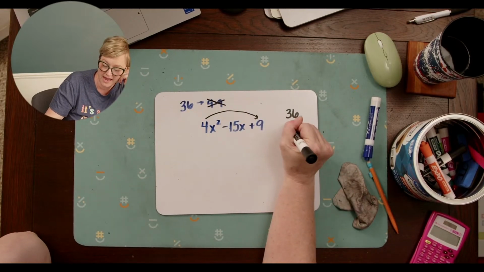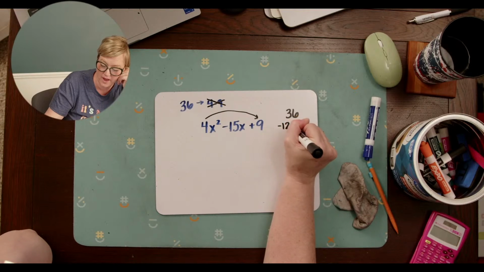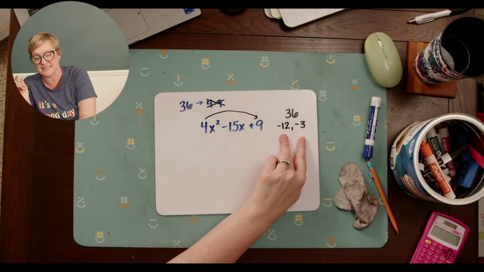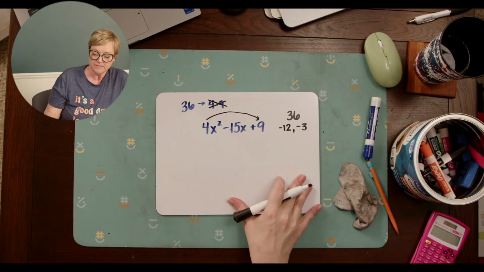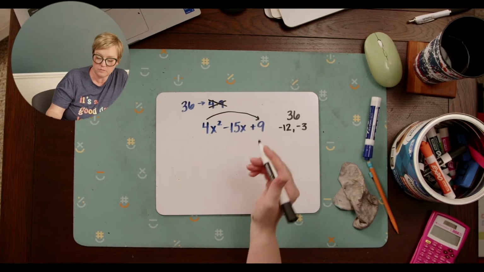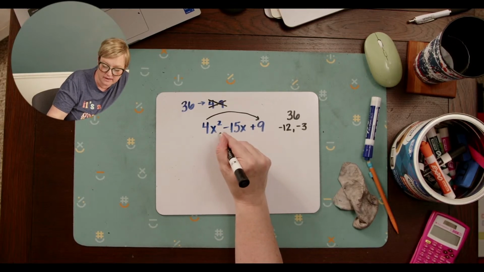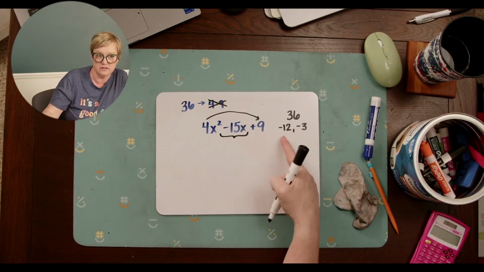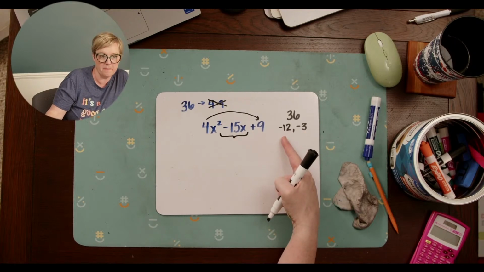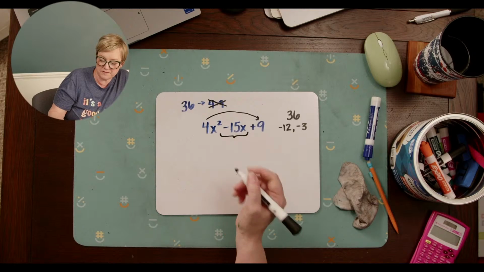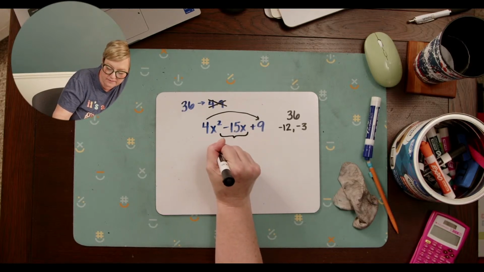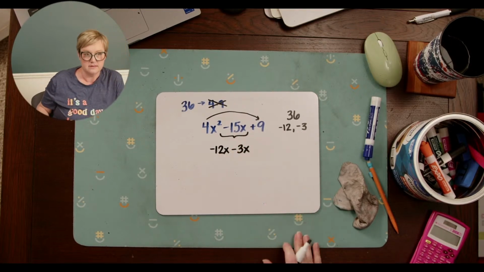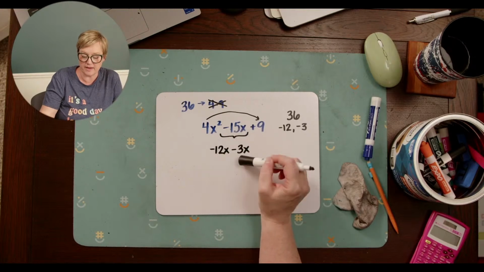So what we actually have is negative 12 and negative 3. Those both multiply to 36 and they add to negative 15. So now we are going to rewrite negative 15x using our two factors. This is the AC method. So negative 15x is the same thing as negative 12x minus 3x. I split that middle term into these two factors.